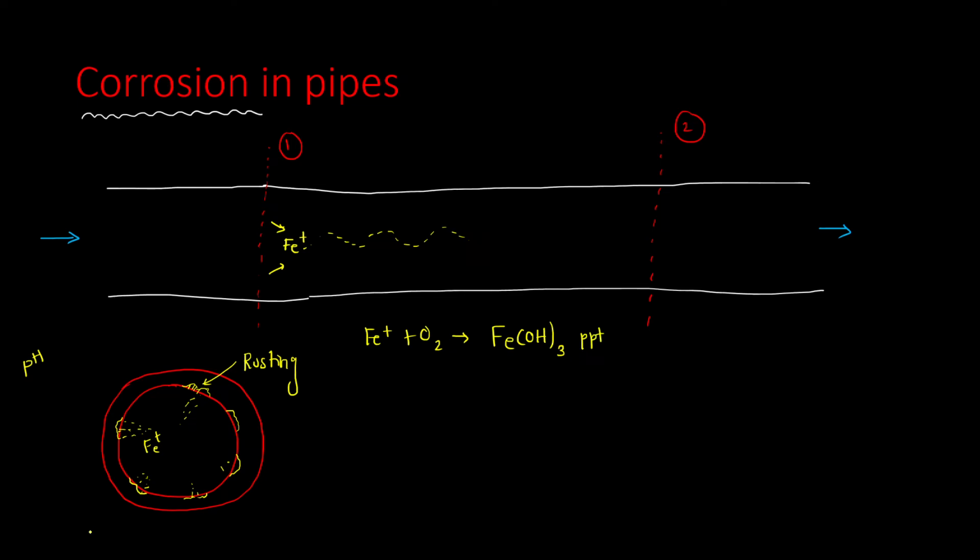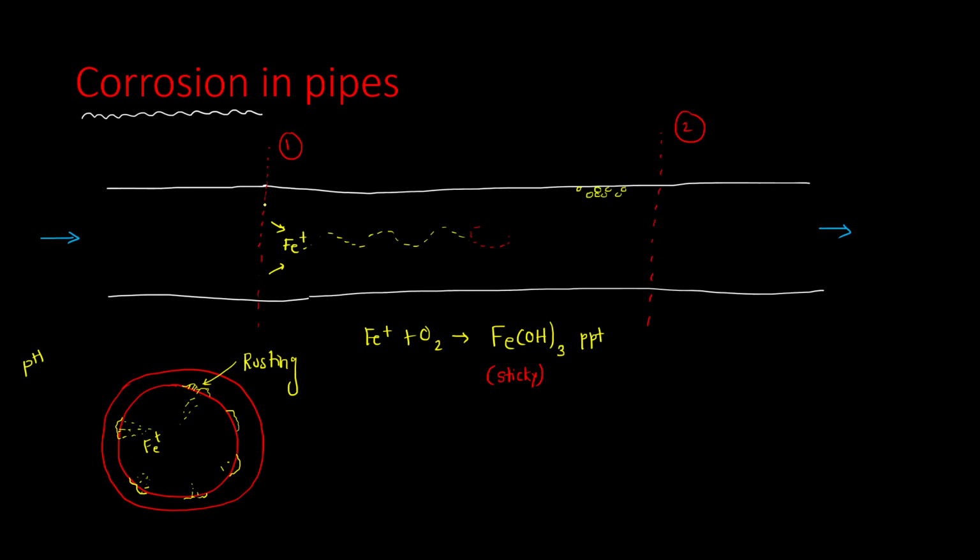The property of this FeOH3 is that it is a sticky substance. It is very sticky. So this FeOH3, which is formed in the process of flowing of water, starts accumulating at the surface.